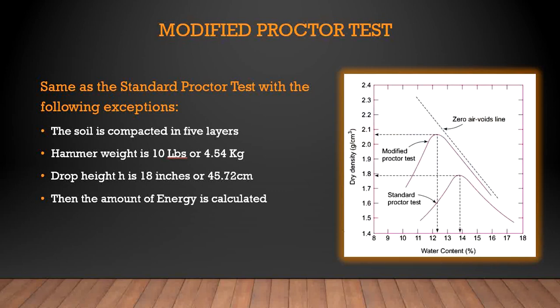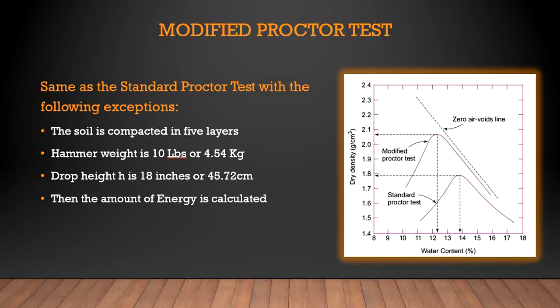The mold used is almost the same as that of the standard Proctor test, but with an effective height of 127 mm, and the weight of the hammer is 25 Newton and the height of fall is 450 mm. In the standard Proctor test the weight of the hammer is 25 Newton and the height of fall is 300 mm, but here it is higher.